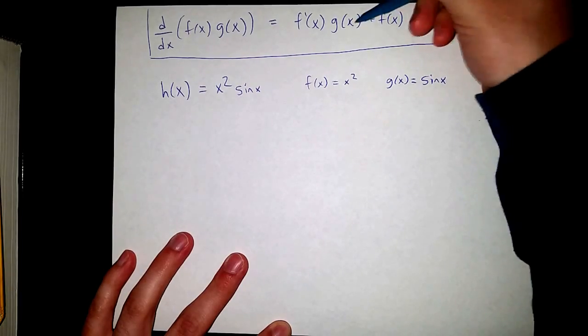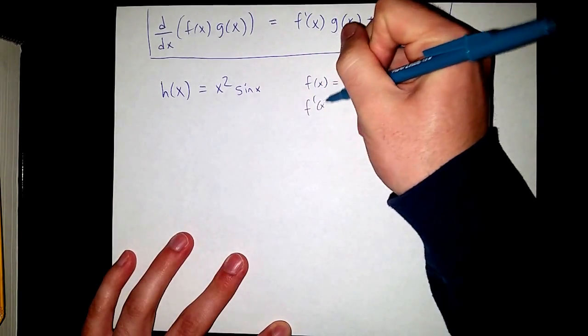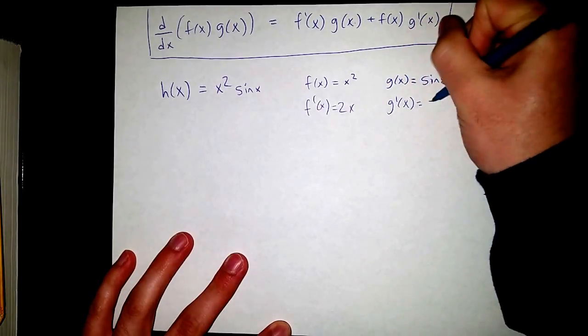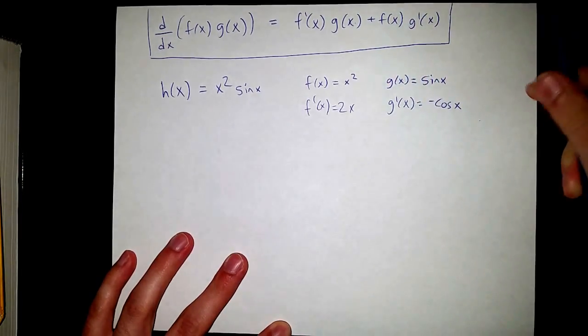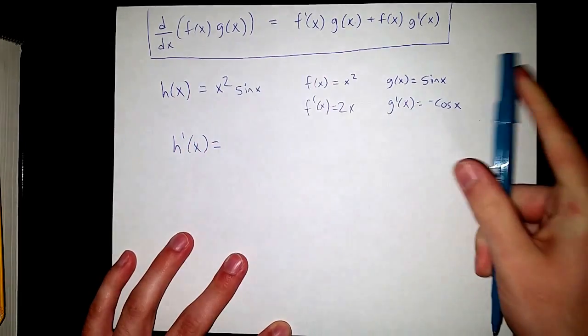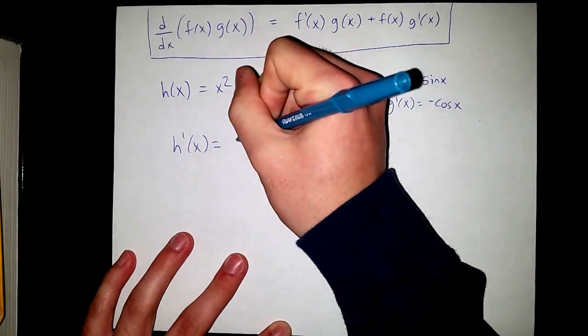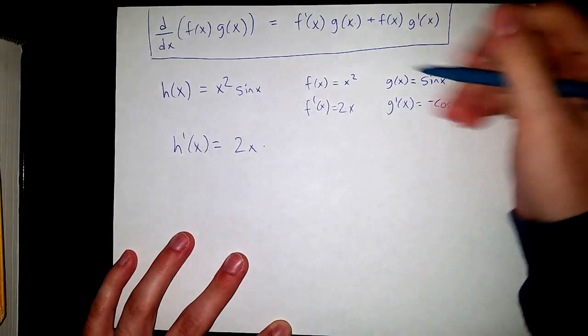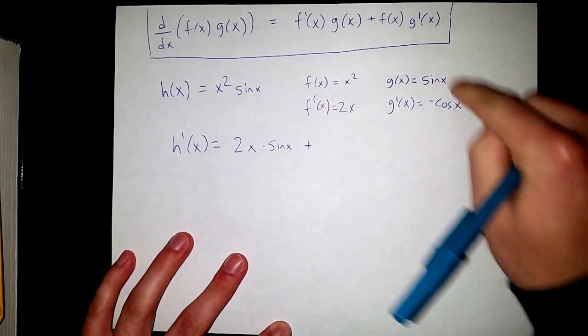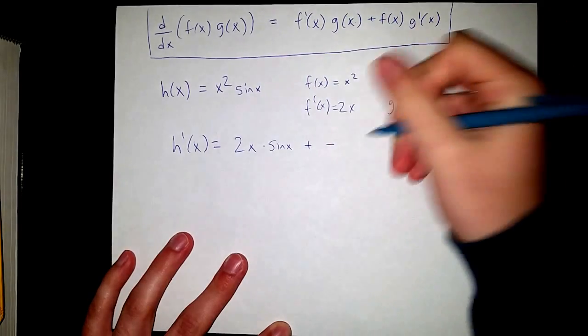We have f and g. Now let's just plug it in: derivative of the first times the second plus the first times the derivative of the second.